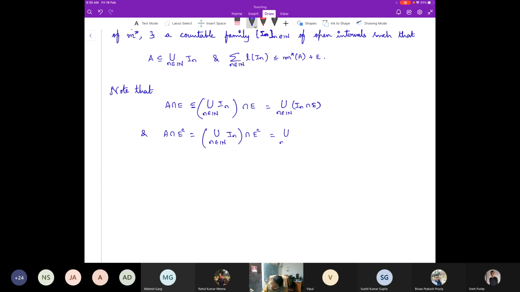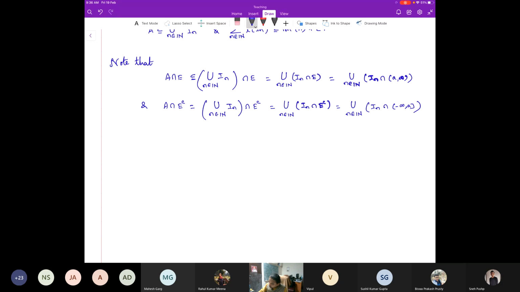Here you will notice that this is I_n intersection with (a, infinity), and this is I_n intersection with (minus infinity, a].